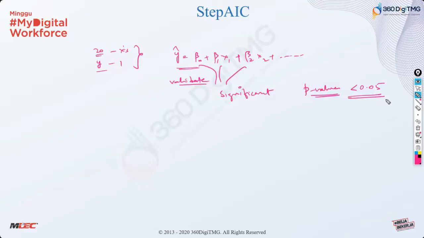If not, then these values become insignificant. Remember that. Now, this insignificance might be caused by various reasons. One of the primary reasons is collinearity problem.